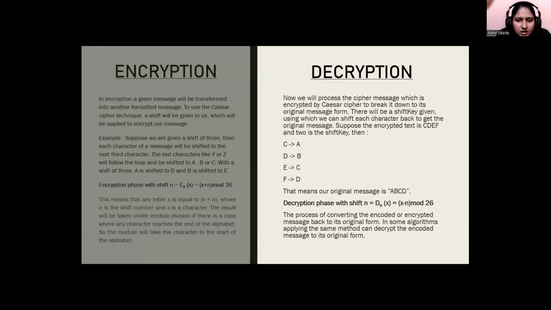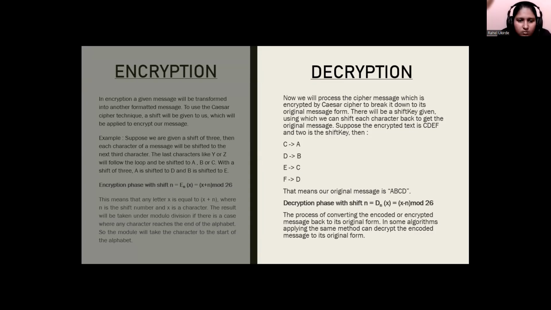We'll see the major parts of Caesar cipher. The first part is encryption and the second part is decryption. Encryption is where a text is transformed into another formatted text using Caesar cipher. Caesar cipher can be applied using the shift keyword.